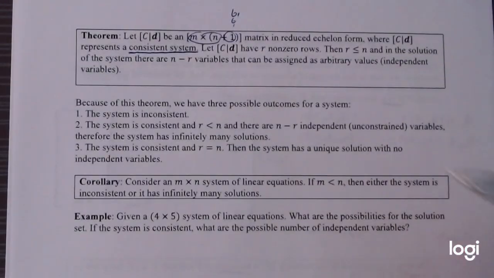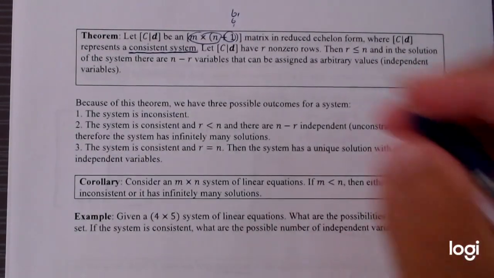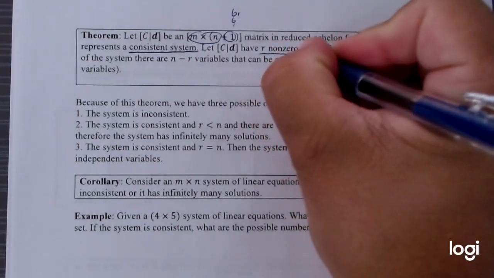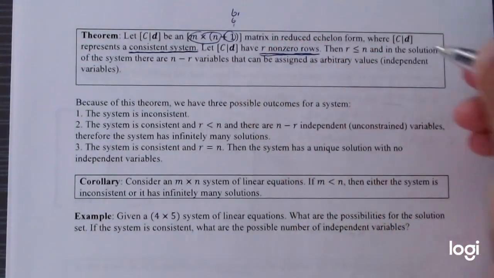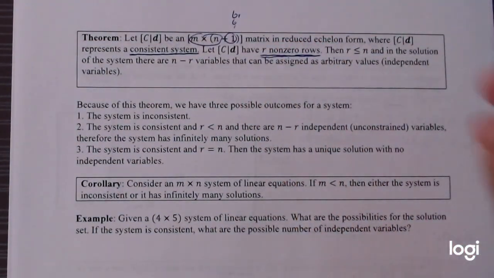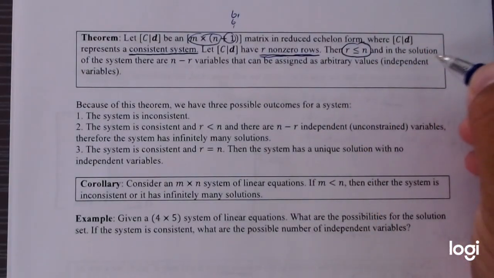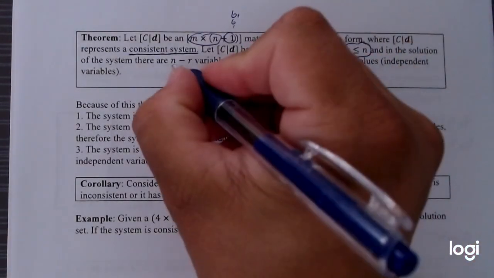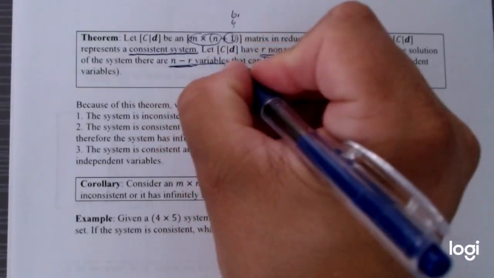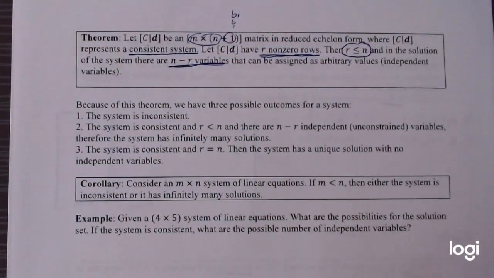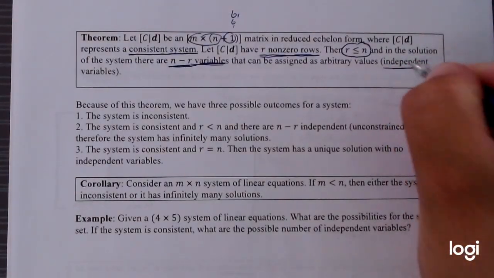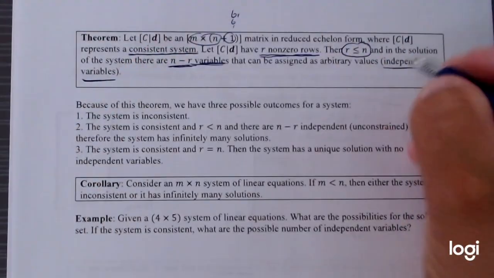Let the augmented matrix have r non-zero rows. Then r is less than or equal to n, which we found is true. And in the solution of the system, there are n minus r variables that can be assigned arbitrary values, independent variables. And that's the key thing.